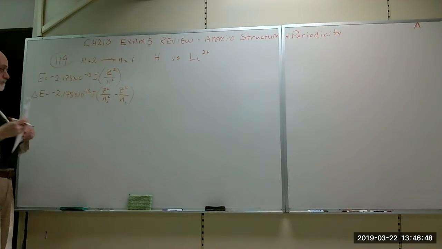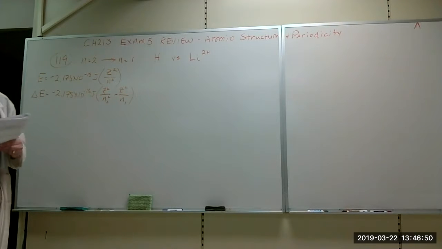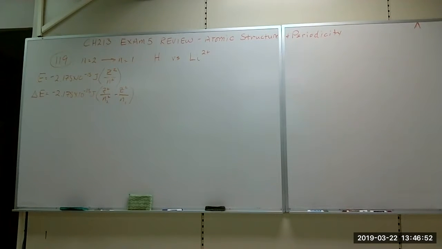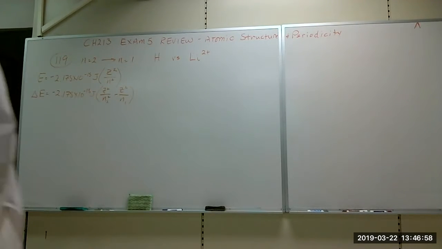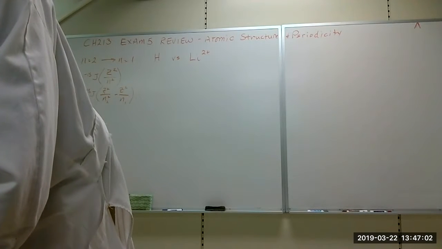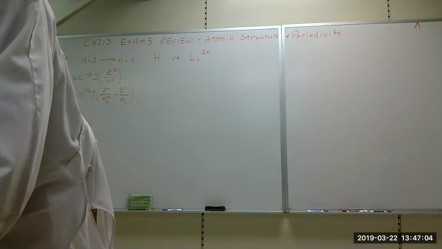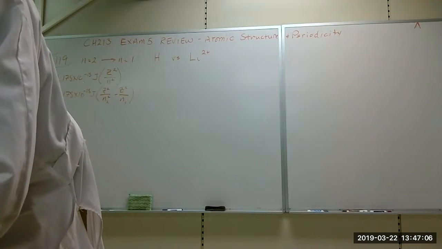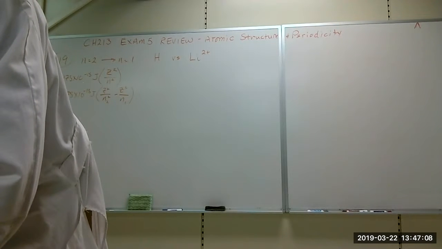Where did you get the formula from? I'm a little confused. Let's see. It should be in there. Oh, no, I see it. I always see it after I ask. There it is. It's about two thirds of the way down in the middle. I see it now. What does Z stand for?